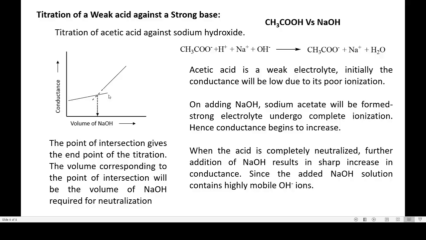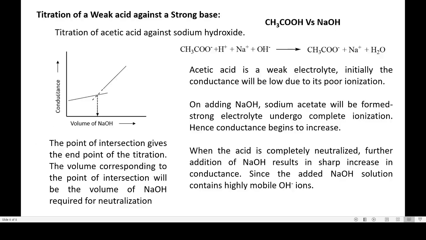When all the acetic acid gets neutralized, then after further addition of sodium hydroxide, there will be a sharp increase in conductance. This is due to the addition of highly mobile hydroxide ions.